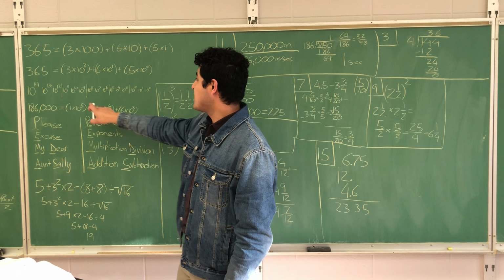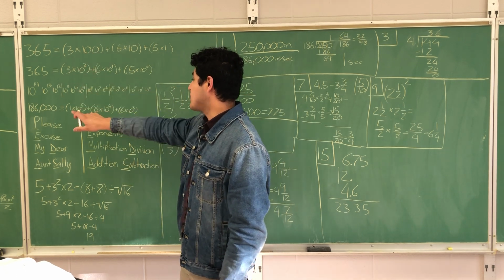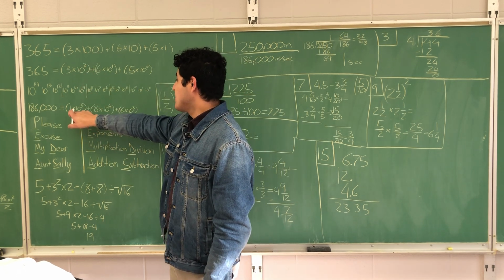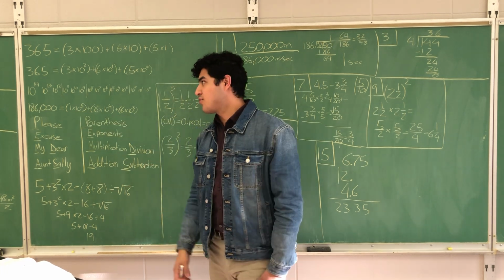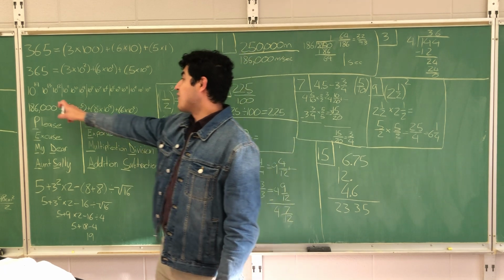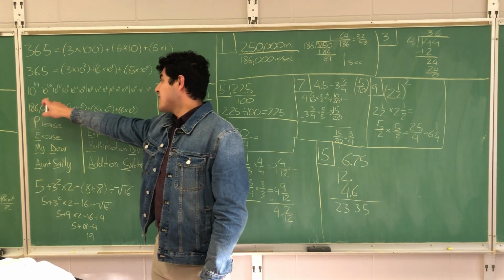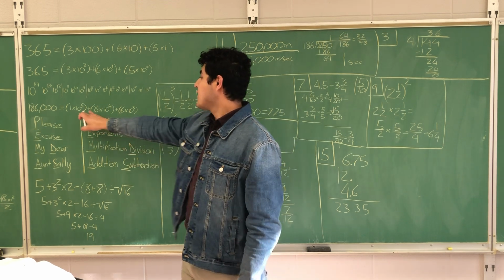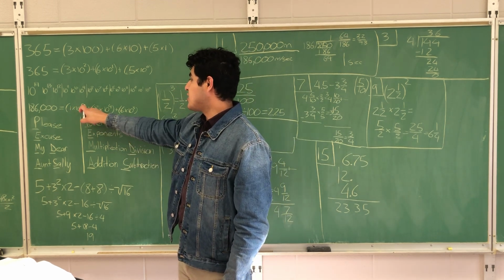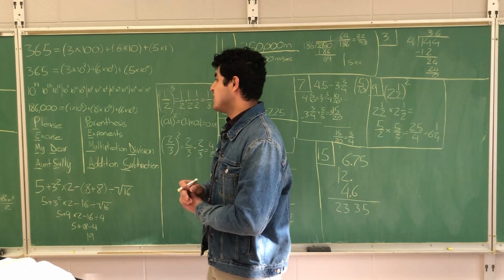In order to represent it in our usual expanded notation, we would have to write 1 times 100,000. So we're talking a lot of zeros there. If we go all the way to the trillions place, we'd be writing 14 zeros down. So you can see why this expanded notation uses exponents.